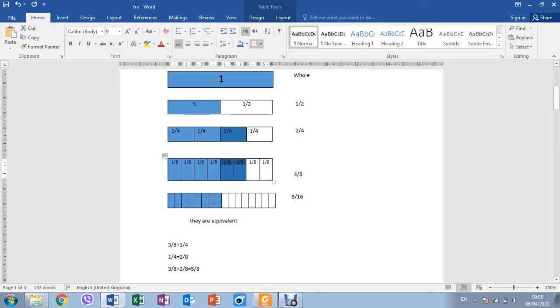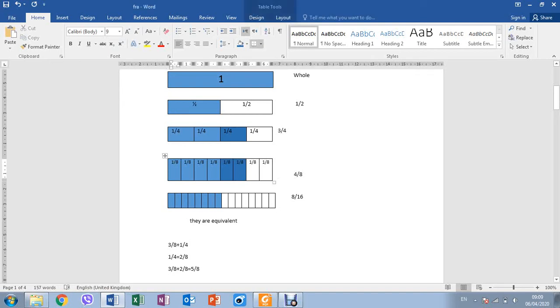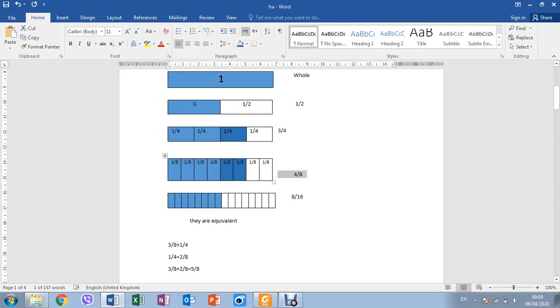So we know this 3/4 equals what? Now how many cells are shaded? 1, 2, 3, 4, 5, 6, means 6. 6/8. 3/4 equals 6/8.